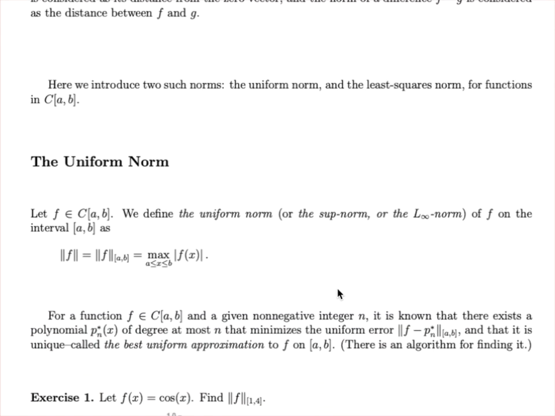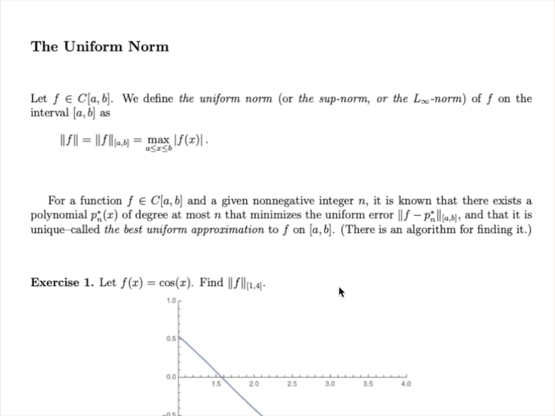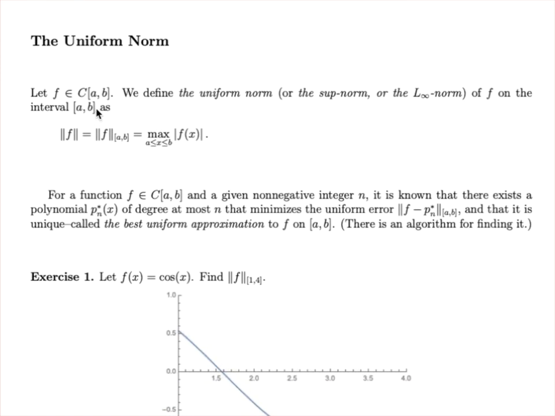Let f be a continuous function on the interval AB. We define the uniform norm, also called the sup norm, also called the L infinity norm, of a function f on the interval AB as this, which is the maximum of the absolute value of the function for x between a and b.